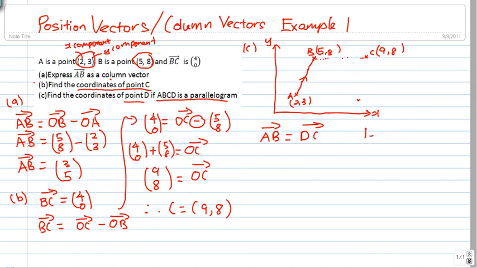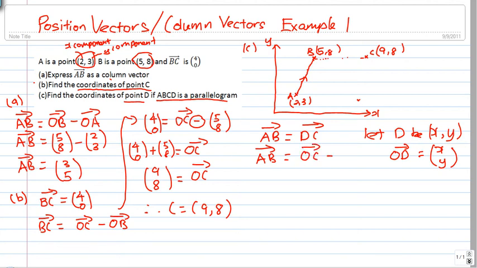Can we let the coordinate D be (x, y)? Hence the column vector OD can be represented as (x, y) in this form. Since AB is equal to DC, and we've already found AB, AB equals OC minus OD.